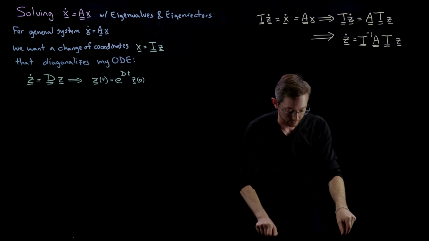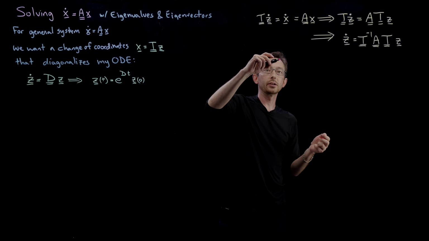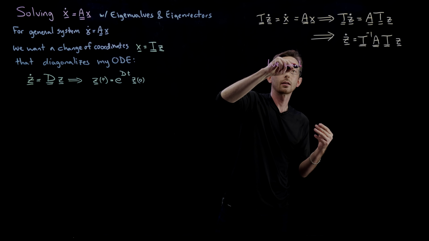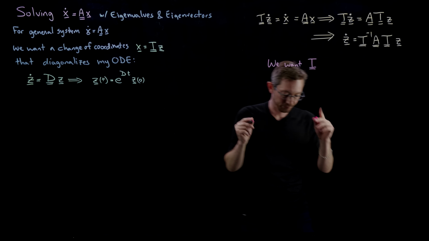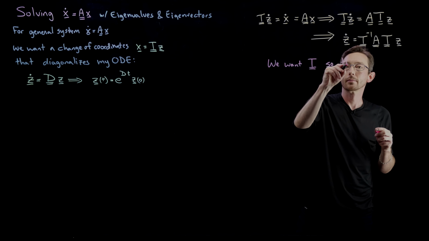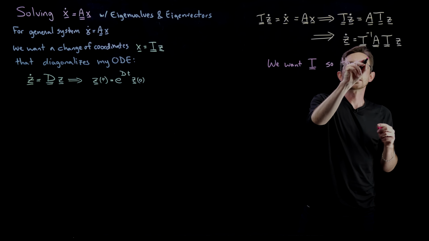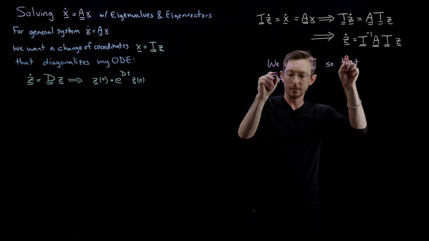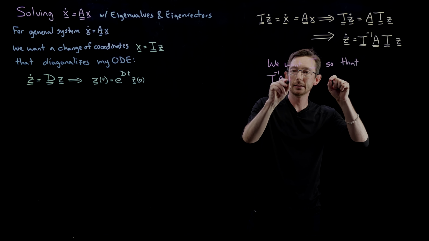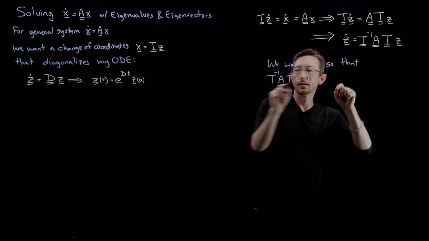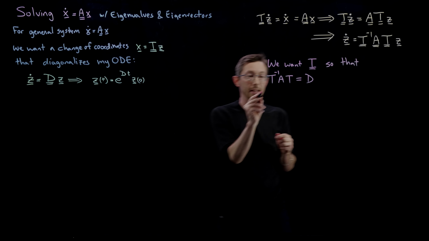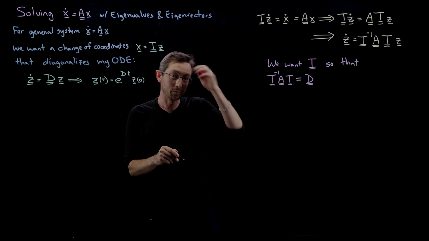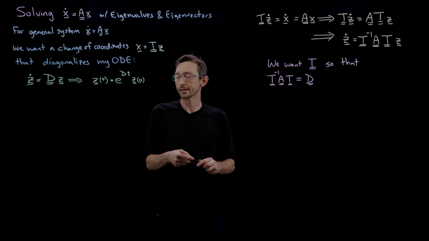And so we can write this pretty simply. We want a T matrix so that T inverse A T equals this diagonal matrix D. Okay, writing all of these double underbars is getting a little tedious, but I'm going to stick with it because I think it's important.